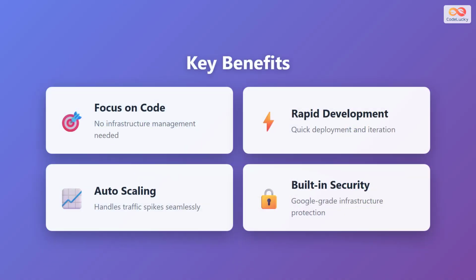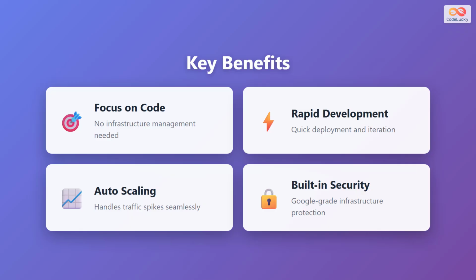Let's recap the key benefits of using App Engine. First, you can focus entirely on writing code without worrying about infrastructure management, server maintenance, or scaling configurations. Second, rapid development is possible because you can deploy quickly and iterate fast without dealing with infrastructure setup. Third, automatic scaling handles traffic spikes seamlessly, ensuring your application remains responsive during both low and high traffic periods.